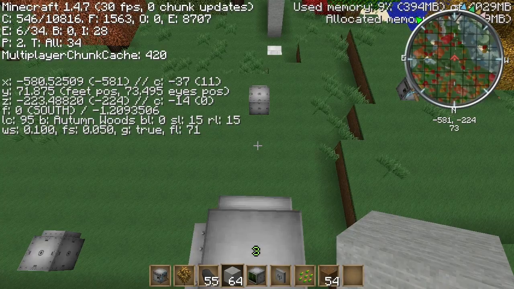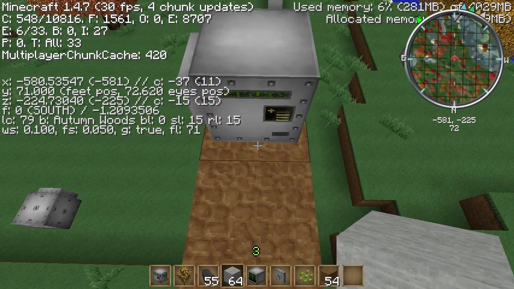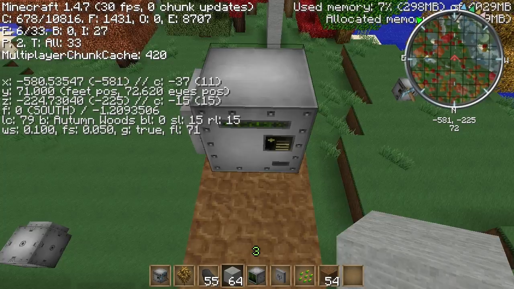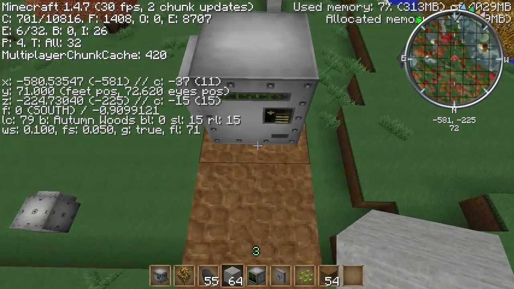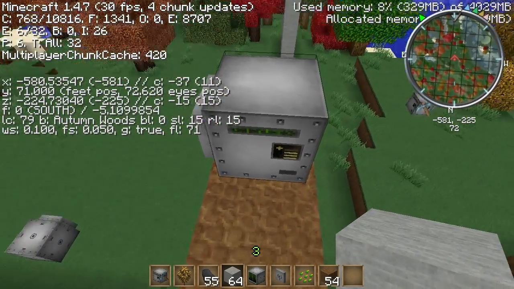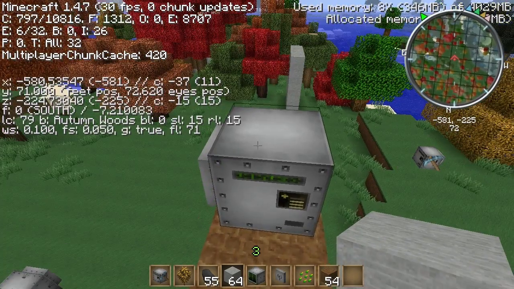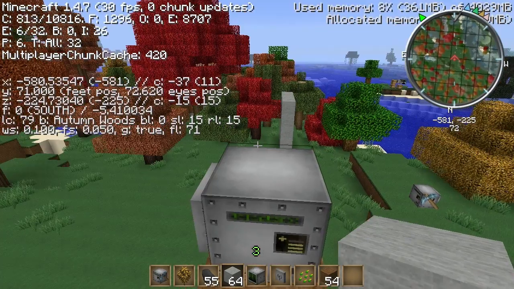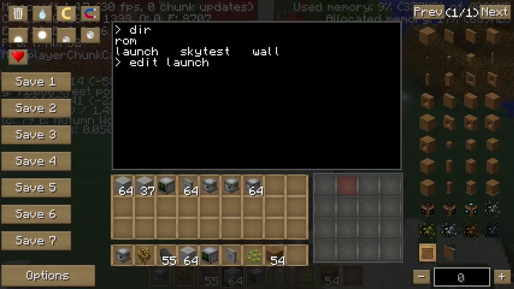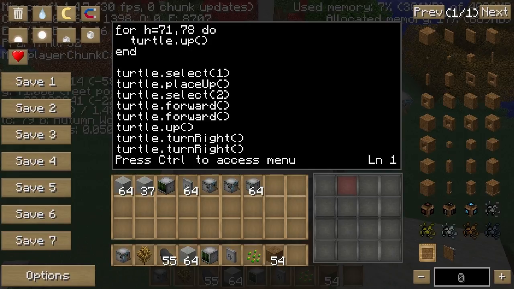So, I believe, if my feet are at 71.8, wow, so my feet are at 71. So this whole block must cover the range from 71.0 to 71.9. So this must be at 71, this block. So that's where I start it. And then we're going to end it at 251. Right.